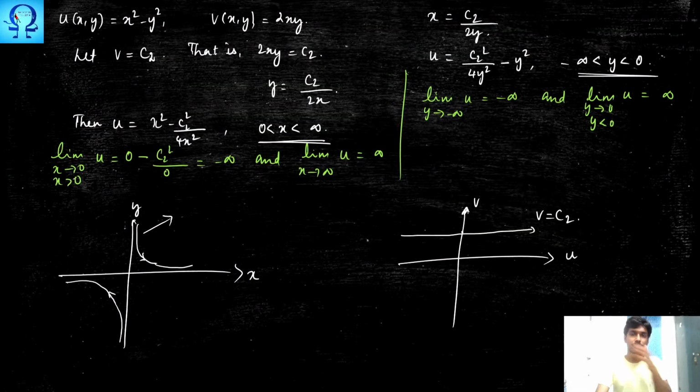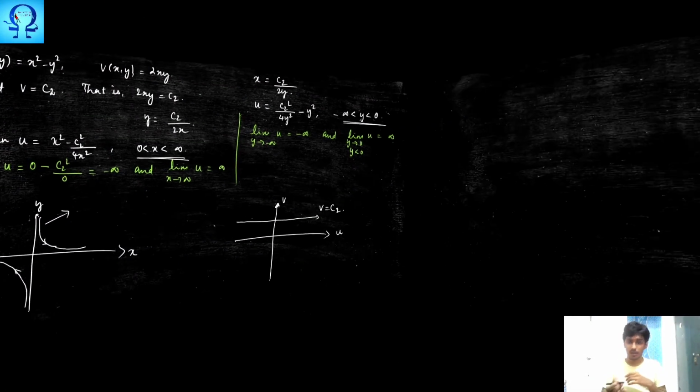We are going to continue our discussion on the same example, that is w is f of z, which is z squared. Now we are going to restrict our domain to x positive, y positive, and xy smaller than 1.